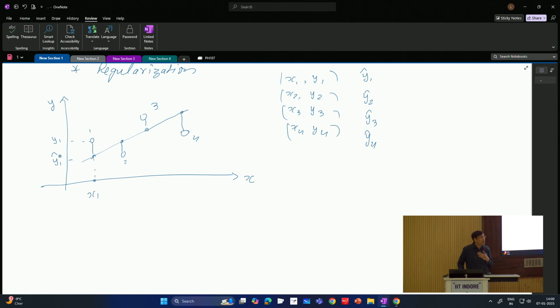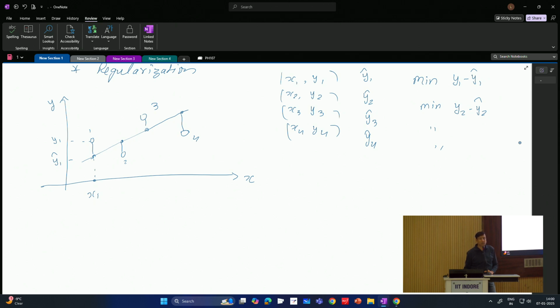So now the question is, you have to find a line which minimizes this for all of them. Everybody agrees? Is this readable at the back? At any point if it gets unreadable, please stop me, as I may forget in the flow. So you want to minimize y1 minus y1 hat, correct? You would also want to minimize y2 minus y2 hat, y3 minus y3 hat, and y4 minus y4 hat.